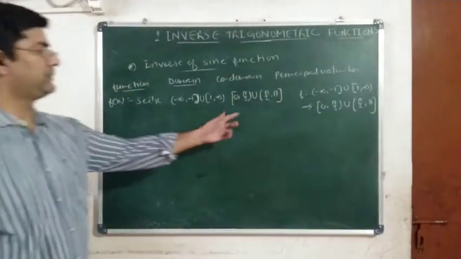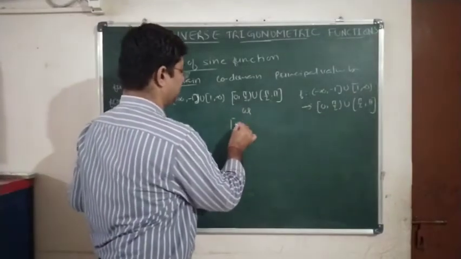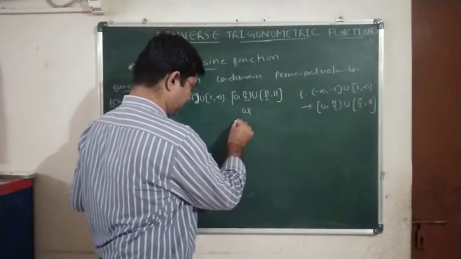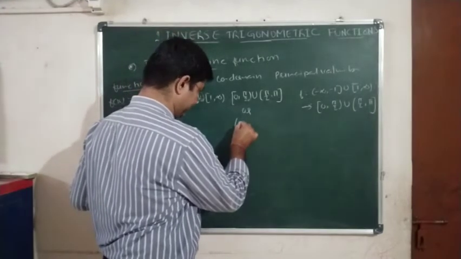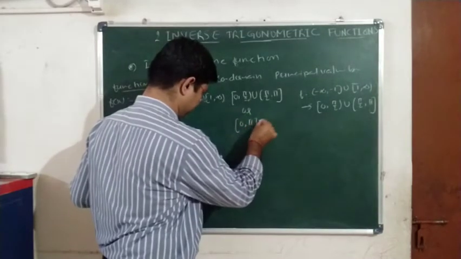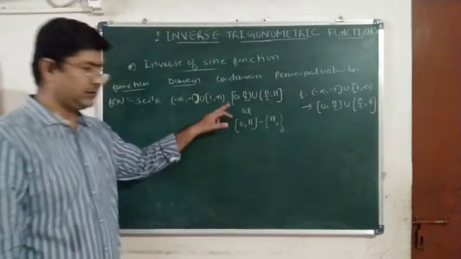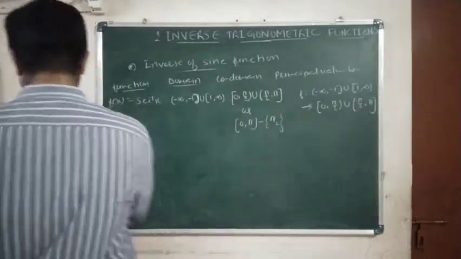Okay, this one can also be written like this: 0 to pi minus pi by 2. Okay, you can write in this way also. Clear?